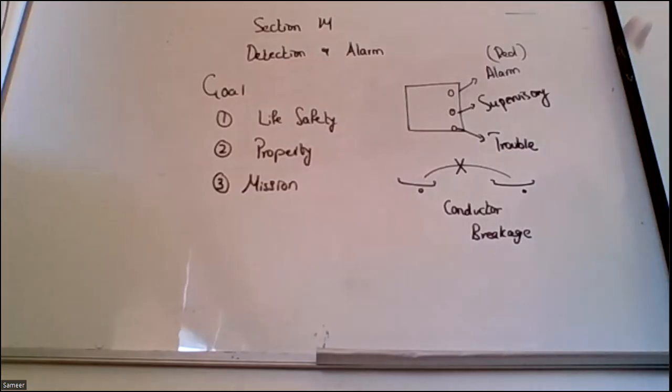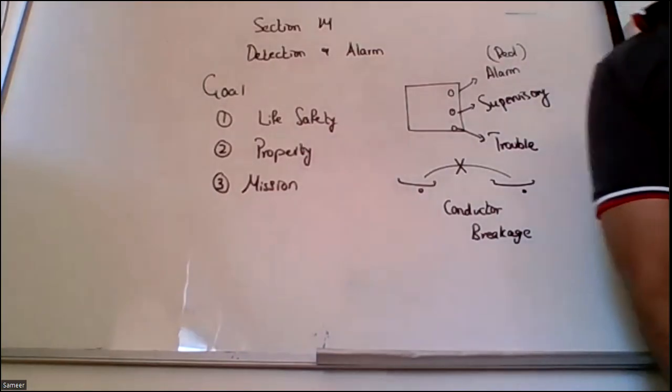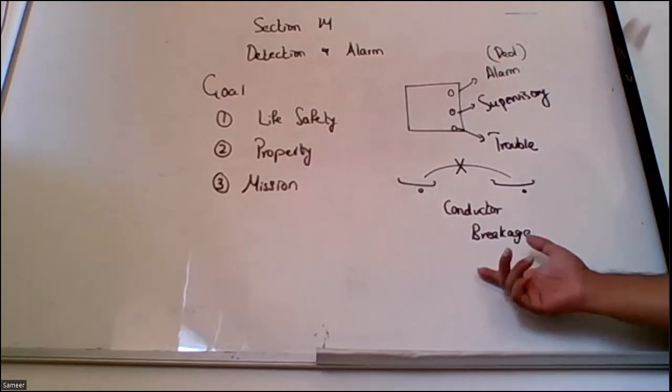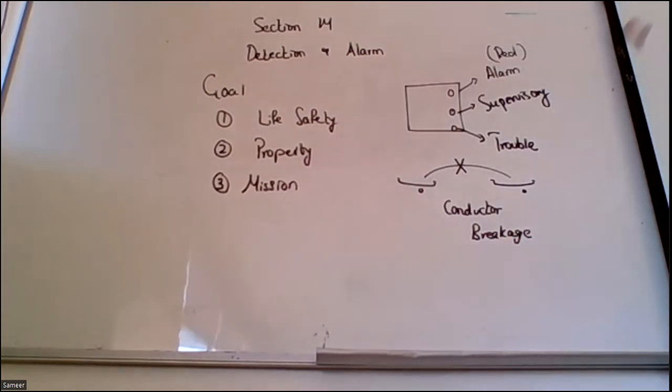In the examination they can ask you a question on the most common type of failures of a fire alarm system, and they can give you four options like detector electronic fault, detector faulty, manual break glass broken or something. The highest number of failures is because of conductor breakage.